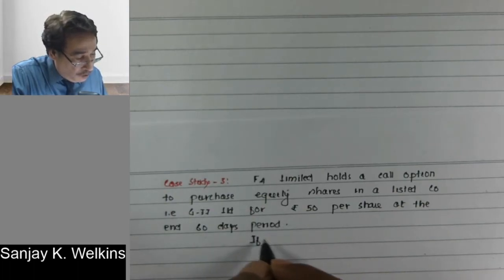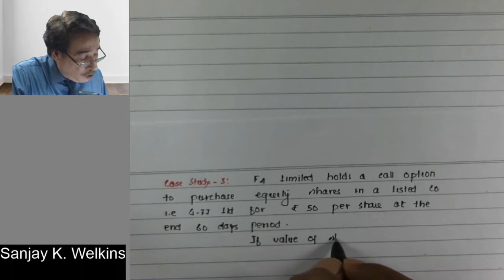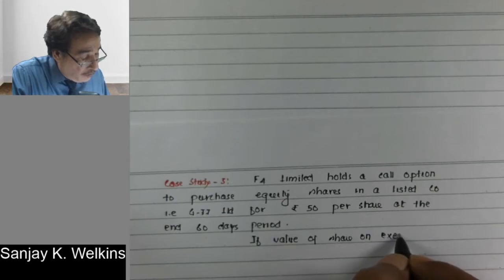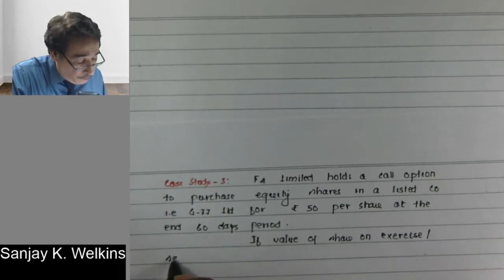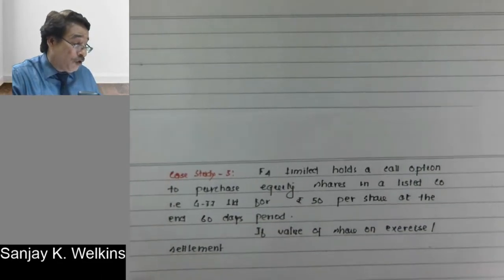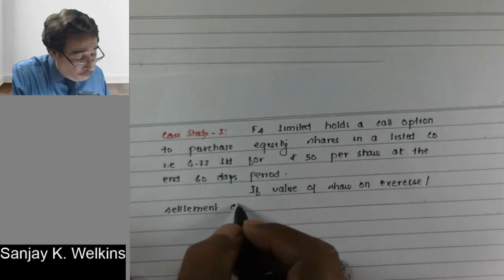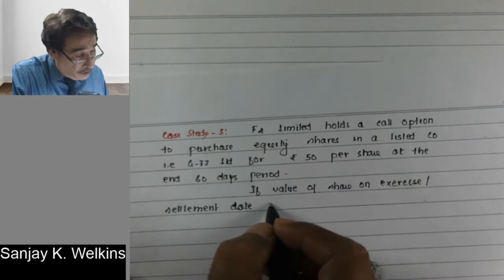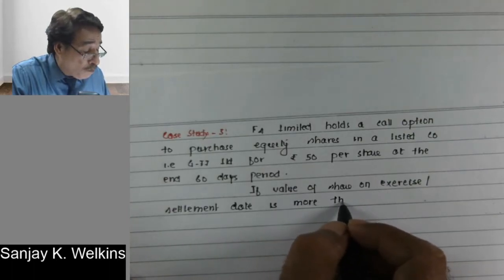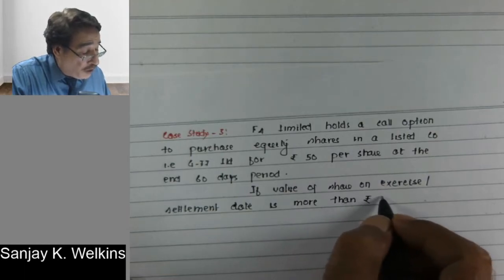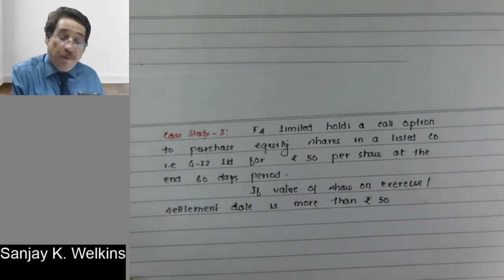If the value of share on exercise or settlement date, that is after 60 days, is more than rupees 50, then it is beneficial for me, correct?